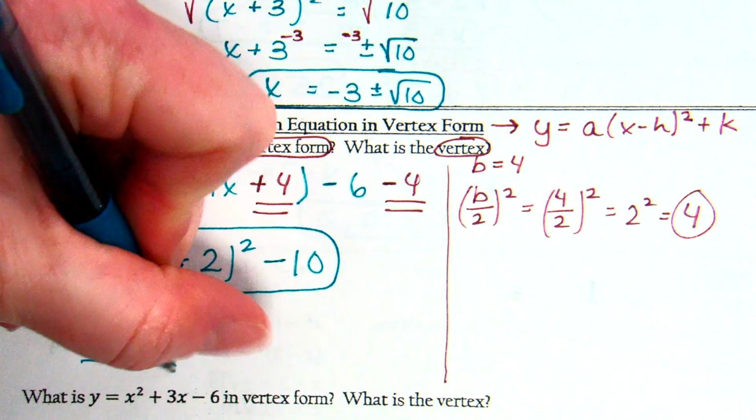Questions on that one? Okay, let's do one more then. What is y equals x squared plus 3x minus 6 in vertex form? And what is the vertex?